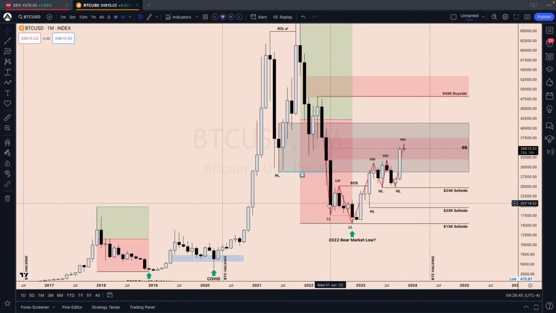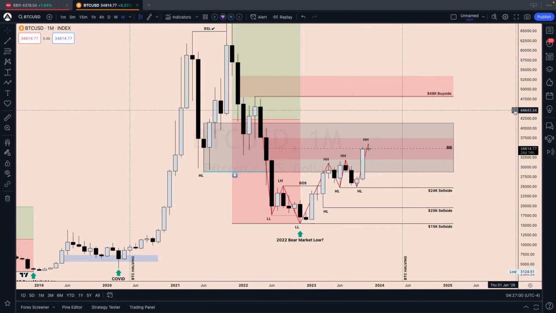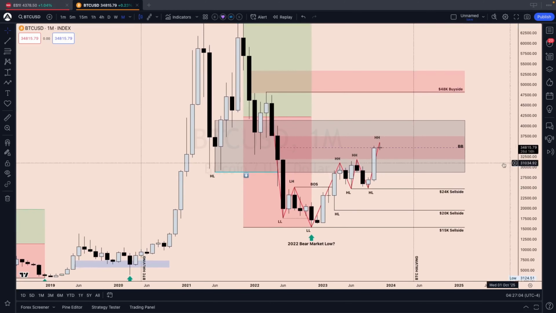My average entry comes in at around, let's say, 20,000, because I added more and more size on our way to the downside. Also buying some altcoins. And now the portfolio is already nicely in profit. But we want to see what we can do if we haven't done that and haven't seen that video or acted on it.